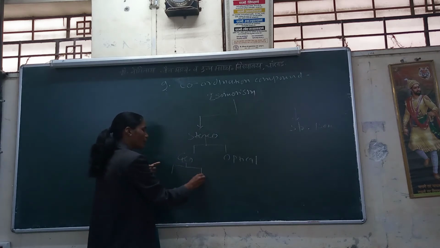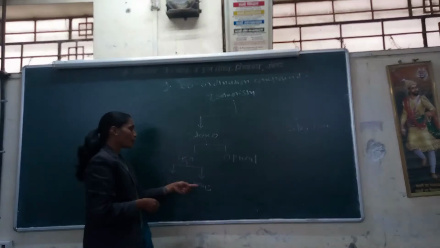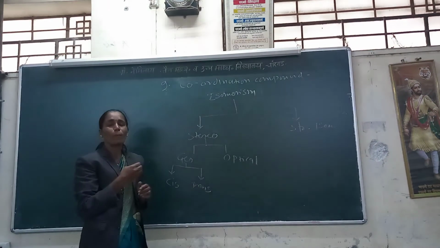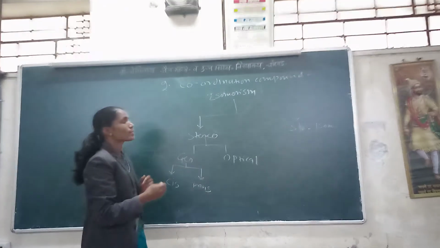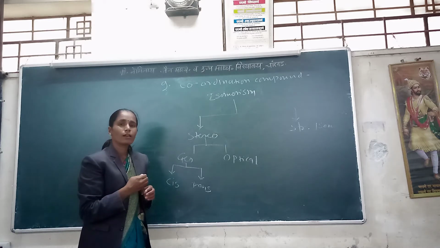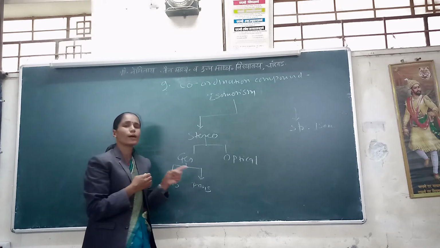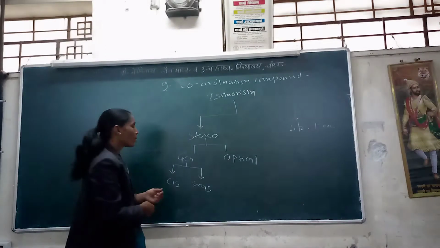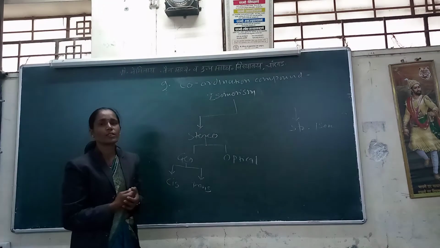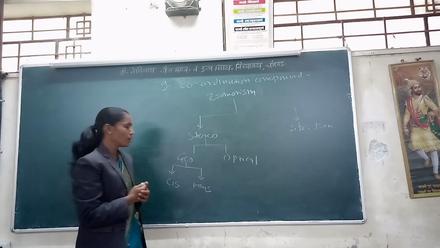Geometrical isomerism is again classified into two types, cis and trans. Cis and trans isomerism in tetrahedral complexes, meaning complexes having 4 ligands with the central metal, called tetrahedral coordination compounds, and also cis and trans isomers in octahedral complexes. Octahedral complexes mean the coordination compound shows 6 ligands with the central metal.